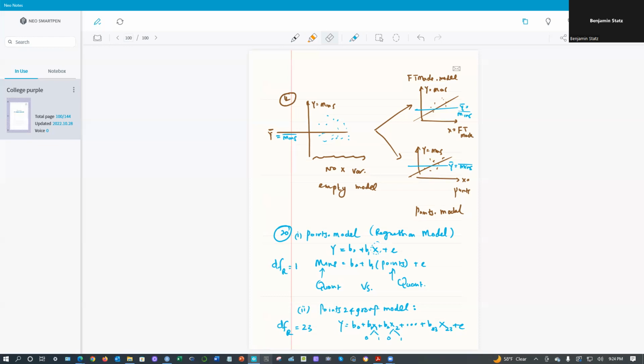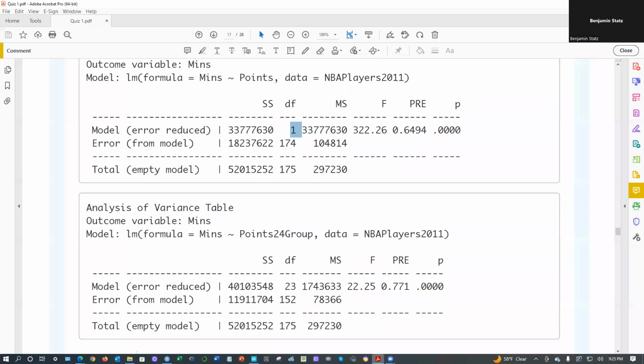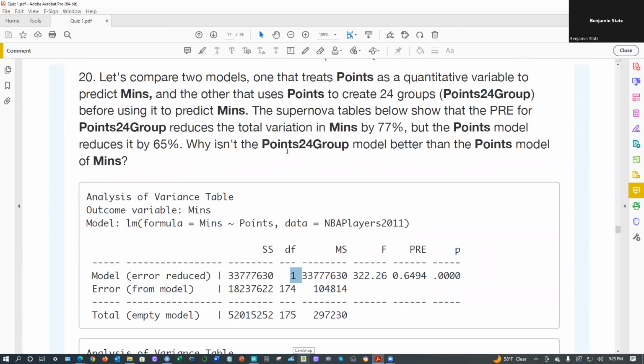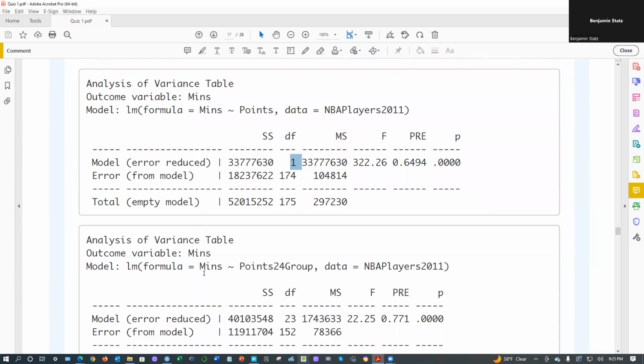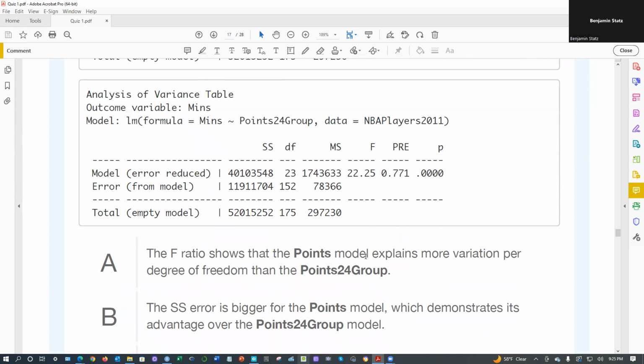That will affect the F. It doesn't matter that the R squared has gone up, you still have to look at the F value. You're going to pick the one with the higher F value. That's why they say this is better. Why isn't the points 24 group model better than this one? Because the F ratio shows that the points model explains more variation per degrees of freedom.